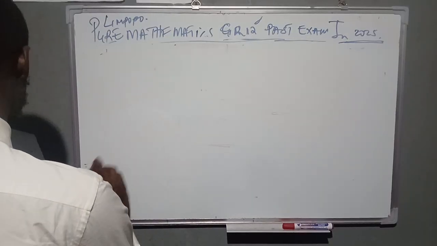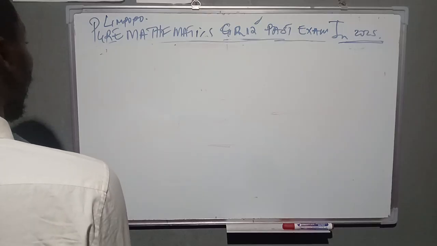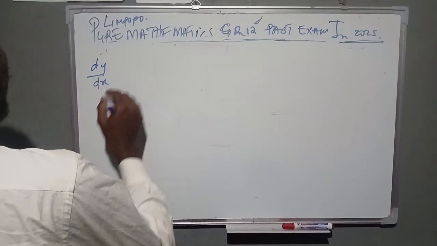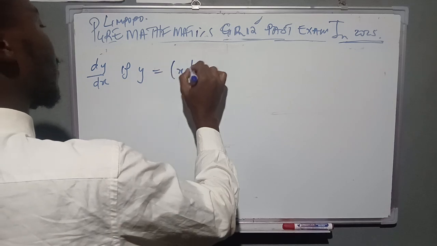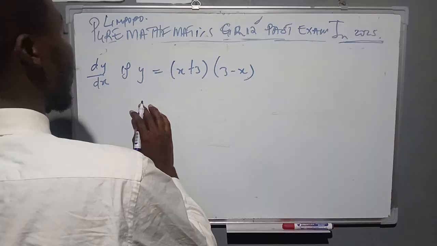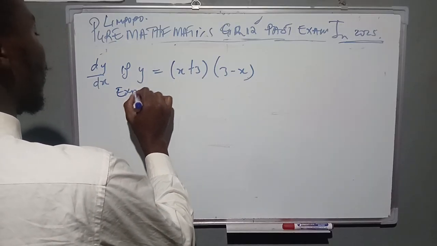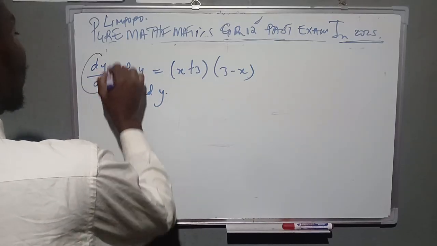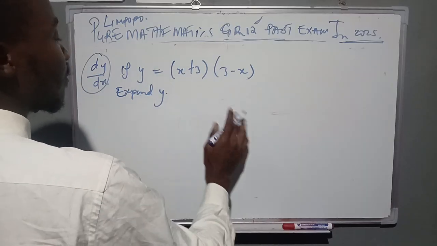Alright, then let's determine dy dx in the next question. So we want to determine dy dx if y equals x plus 3 times 3 minus x, right? So let's first start by expanding y. So the question was saying find dy dx if y, so we want to first expand y.